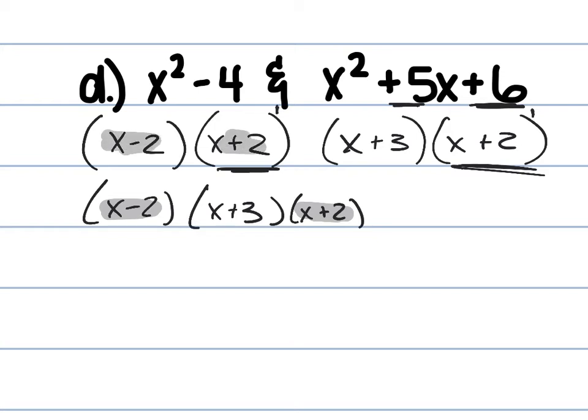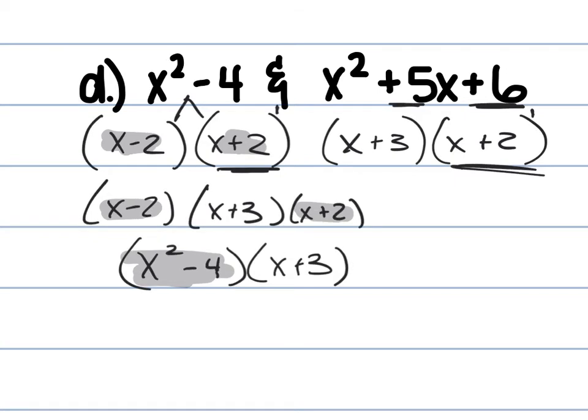Right here. When we factored it, it gave us x plus 2, x minus 2. If I multiply those two back together, we get x squared minus 4. That's that part. But I still need to multiply that times x plus 3.